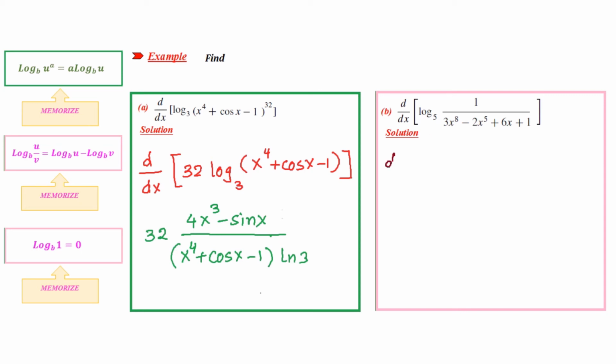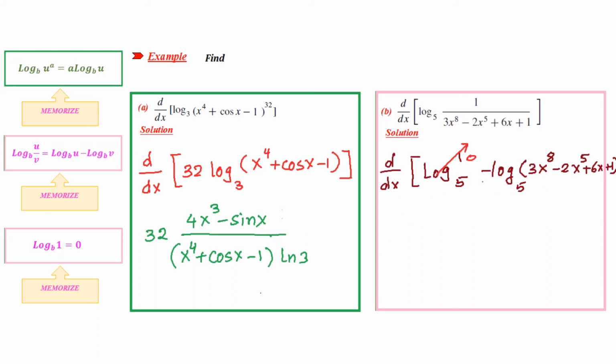So this is the derivative of log 1 to the base 5 minus log of (3x to the 8 minus 2x to the 5 plus 6x plus 1) to the base 5. Now log 1 to any base equals 0.